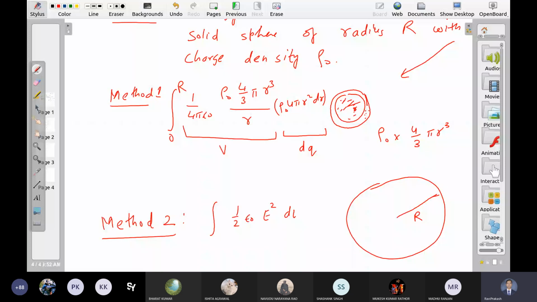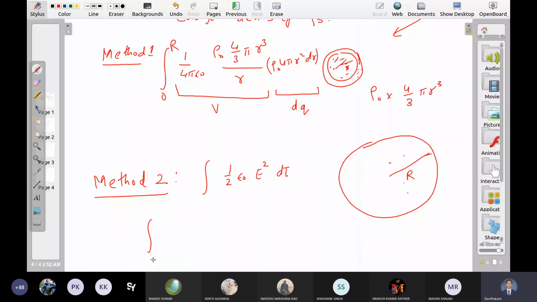So this integral consists of two parts now. 0 to r, half epsilon naught E inside. Calculate what is the field inside. Square. What is the volume element? Some 4 pi r square dr, right?